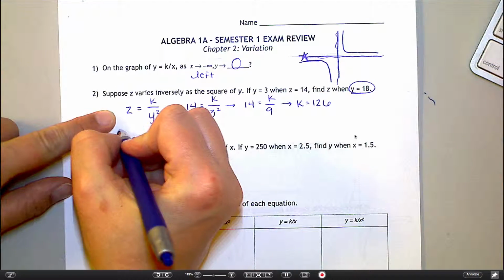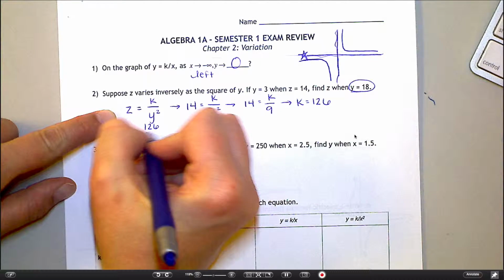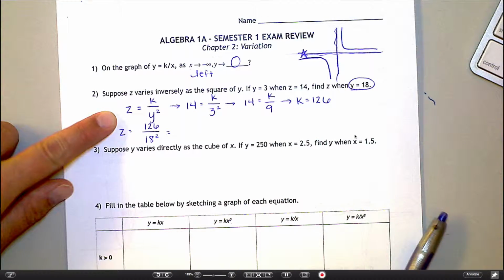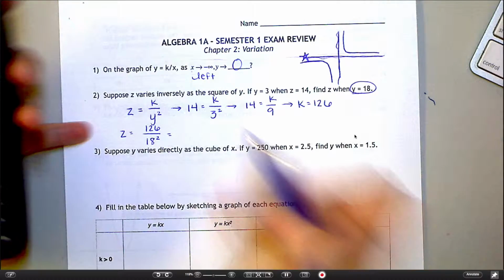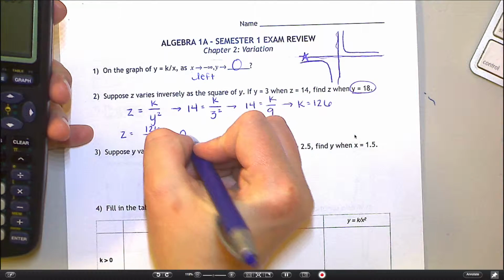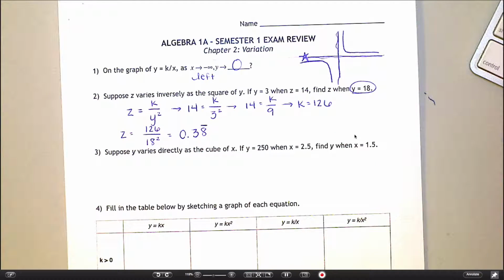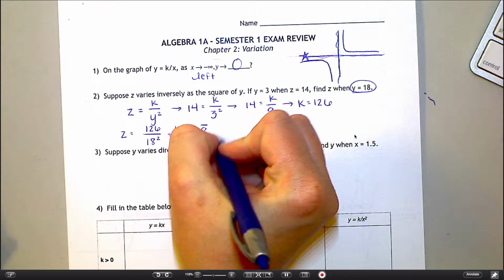So I'm going to say z equals 126 over 18 squared. And this number does come out kind of strange. 126 divided by 18 squared comes out to be 0.38 repeating. I know that number seems kind of weird, but that is the correct answer. Okay, 0.38 repeating.